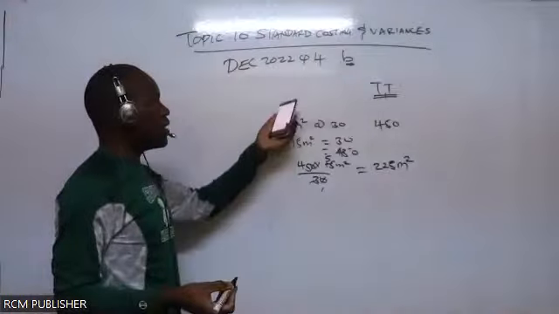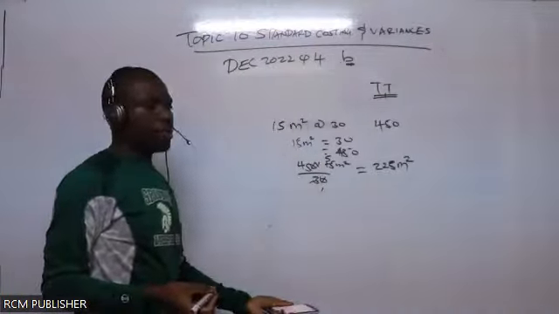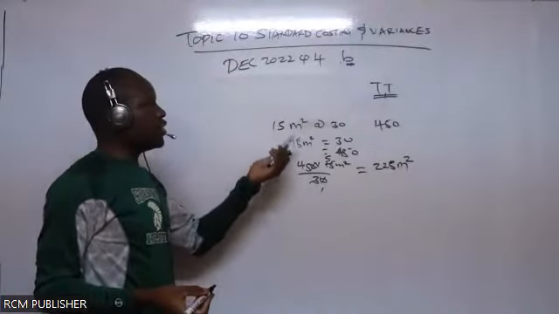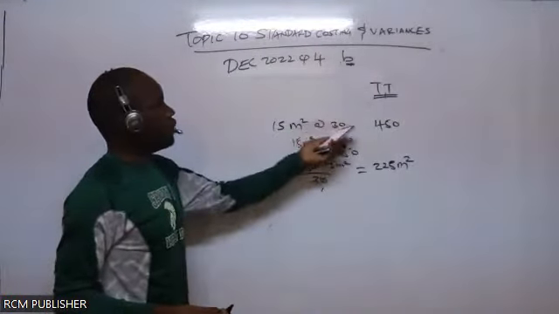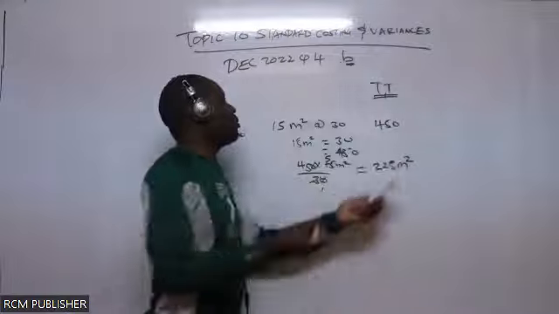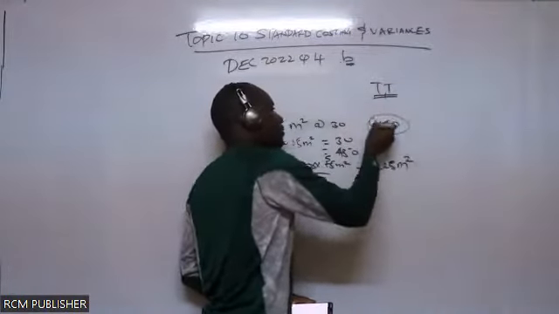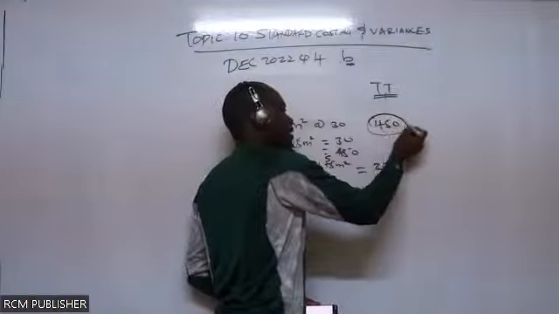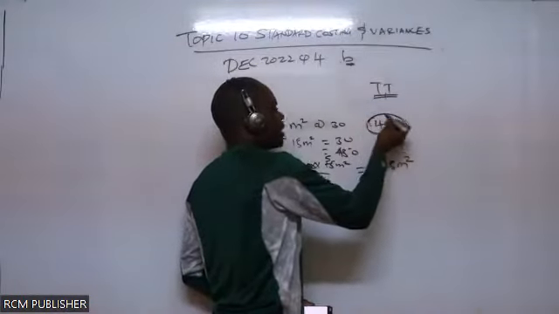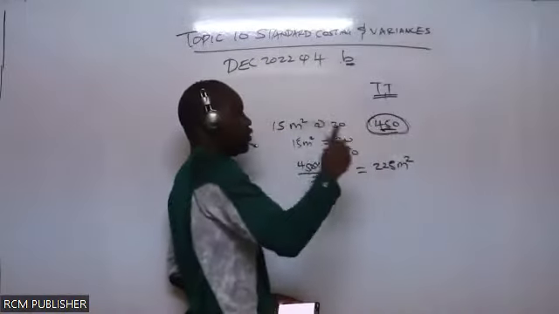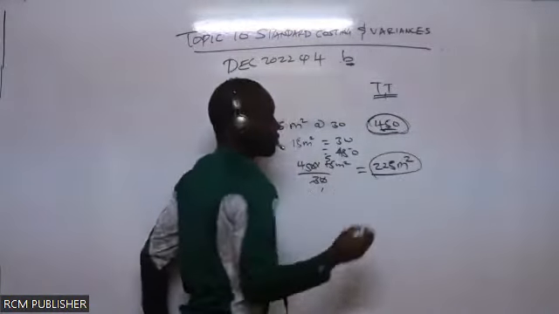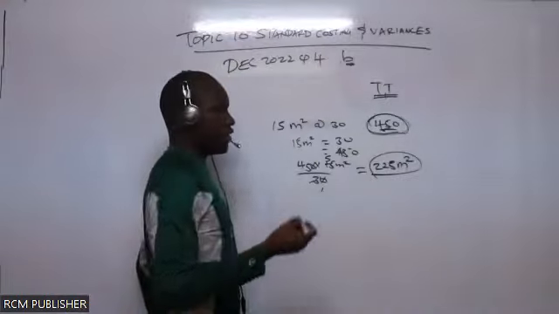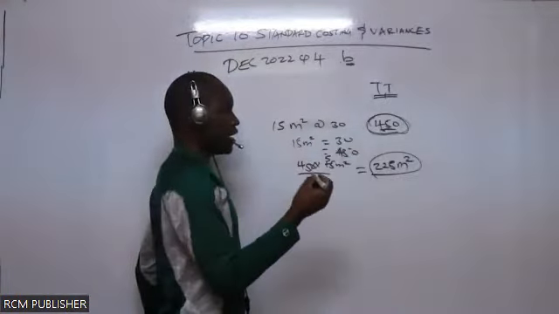If you're going to be given the variances, then you are required to work it backwards to get your cost per unit. Whatever you get when you use the variances will be this.